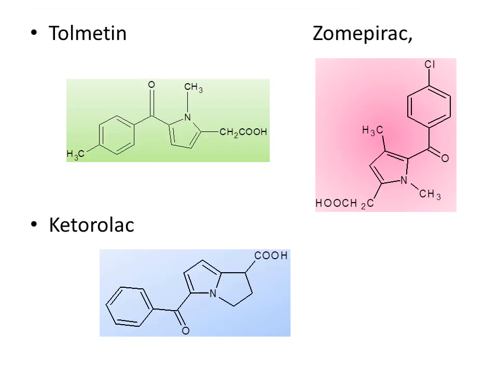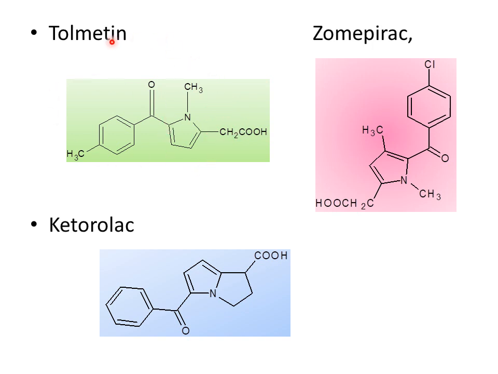And the next one is tolmetin. Tolmetin and zomepirac both come under the category of pyrrole acetic acid derivatives. This is the structure of pyrrole: a 5-membered ring with 1 nitrogen, so we can name it as pyrrole acetic acid derivatives. We can also name it as methyl pyrrole acetic acid derivatives.